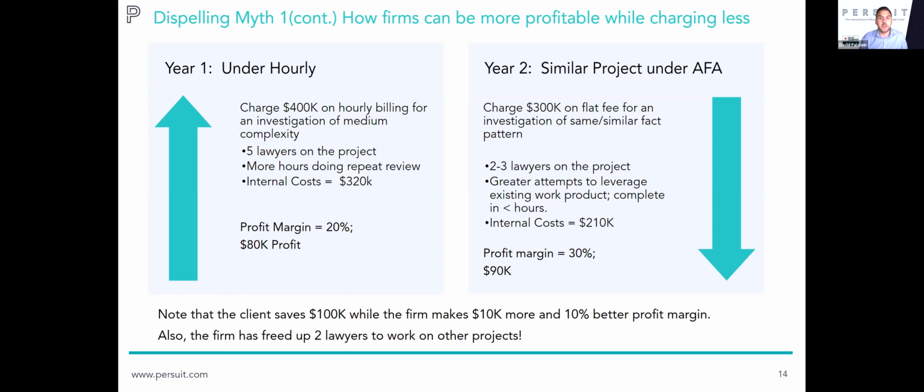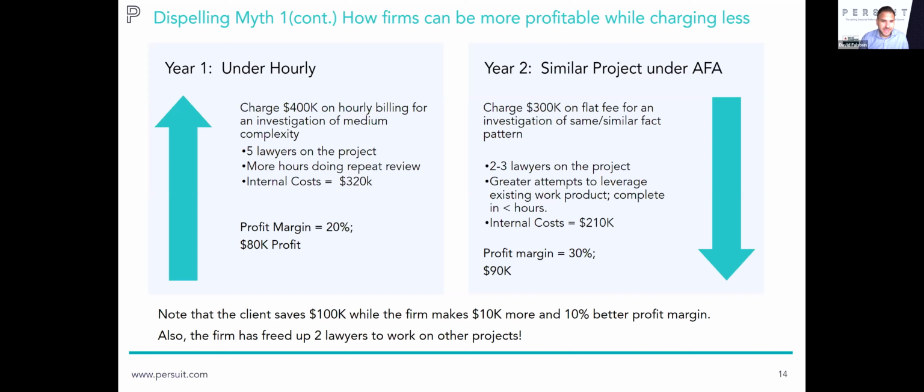Maybe they invest in technology to eliminate a lot of manual and repeat work. And so for that reason, the law firm is able to reduce its costs and deliver the service at an internal cost of $210,000. So the firm, despite charging the client $100,000 less, actually profited an extra $10,000. They increased their profit margin to 30% under that flat fee.